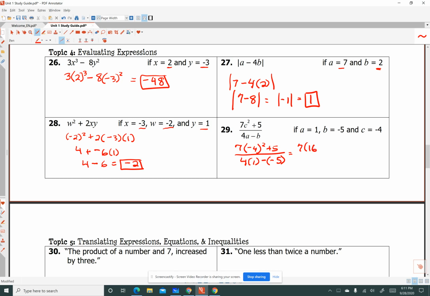So we have 7 times 16 plus 5, and subtracting a negative makes them both positive, so that would be 4 plus 5, which equals 117 over 9, which equals 13.